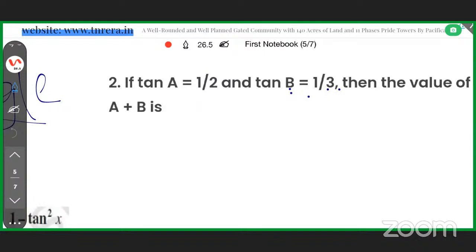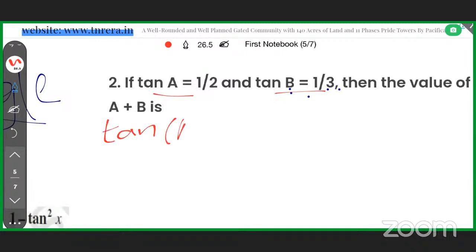So students, we are given the value of tan A and tan B. Now we have to find the value of the angle. A and B are nothing but angles, so we have to find the value of the angle A plus B. Since they've given tan A and tan B, it is easy. We'll use the formula of A plus B. What is the formula for tan of A plus B?